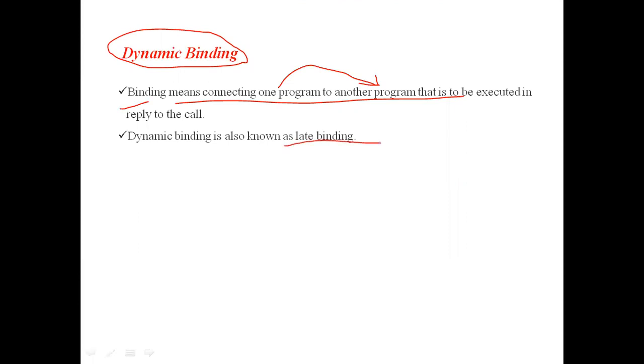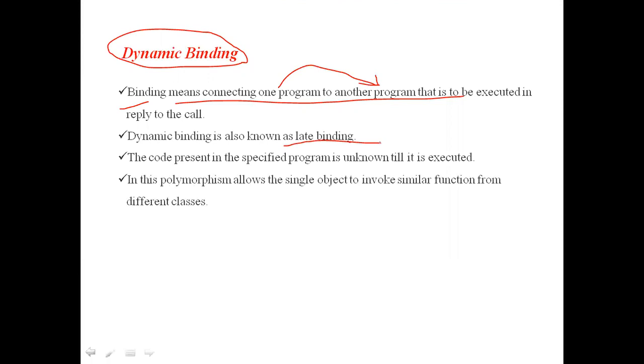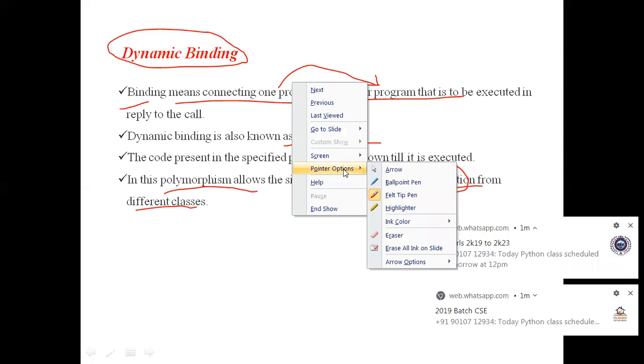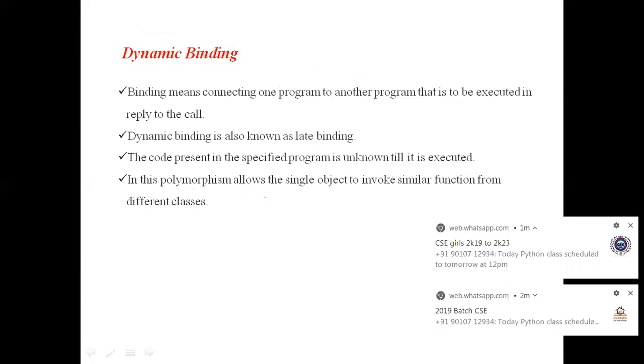The other name for dynamic binding, we already told, is polymorphism. In dynamic binding, a single object can invoke similar functions from different classes, and the same function name can be used in different classes.